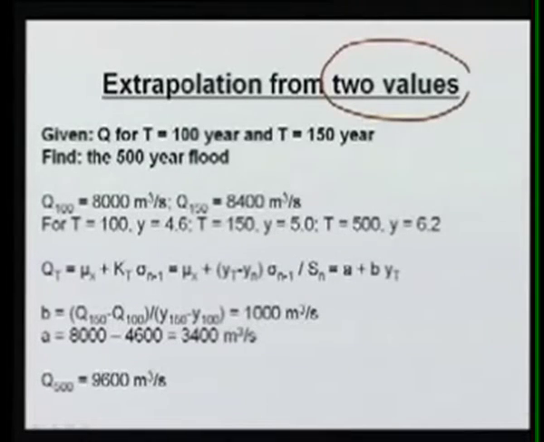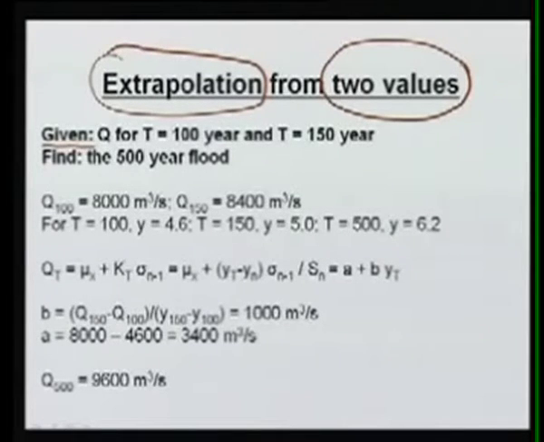So we will take an example in which from two values we can extrapolate to any other value. So the example which we will take is, let's say that the given data is for 100-year flood and 150-year flood. We know what is the flood discharge, and using that we have to find the 500-year flood.